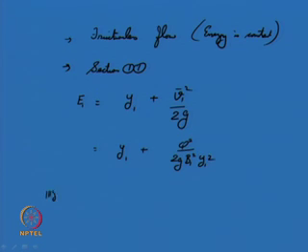Similarly, you have specific energy at section 2, this is E 2, which is y 2 plus v 2 squared by 2 g. E 2 is equal to y 2 plus q squared by 2 g b 2 squared into y 2 squared.